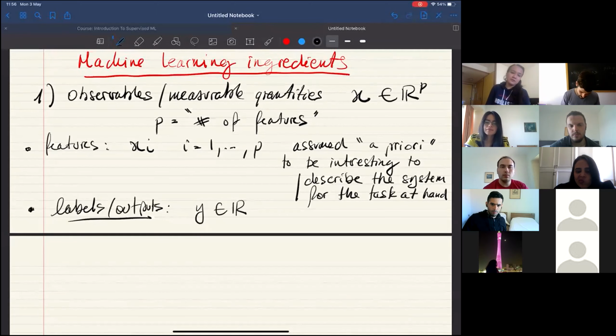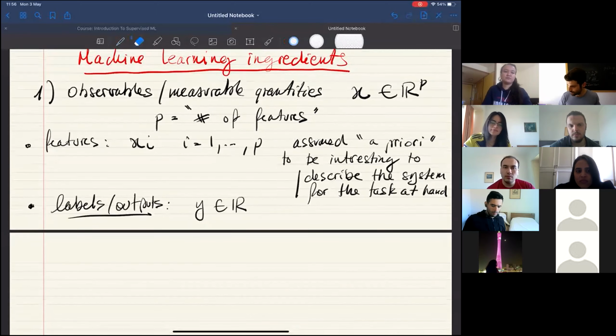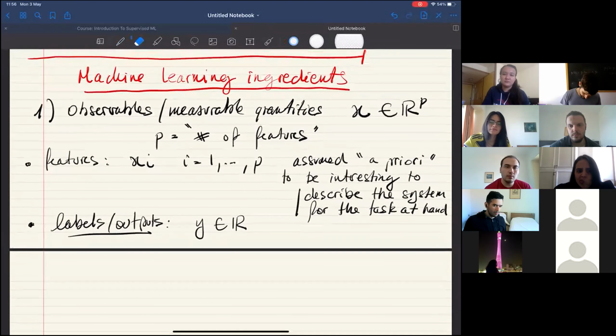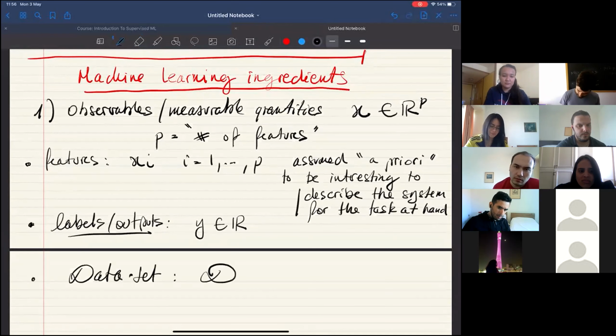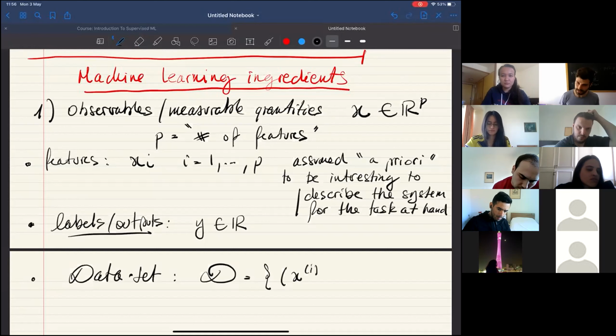So for each input xi, the data set, that I will call D, is a set where associated to each input xi there is an output.